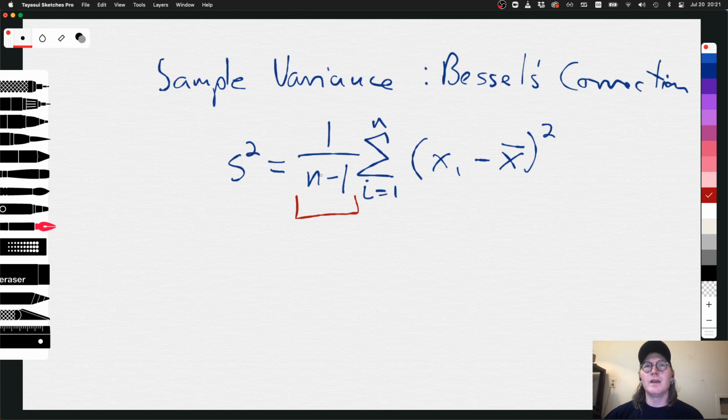So if this is a larger number, we effectively grow the bounds of our variance. We push it out. We say that the spread's a little bit larger.